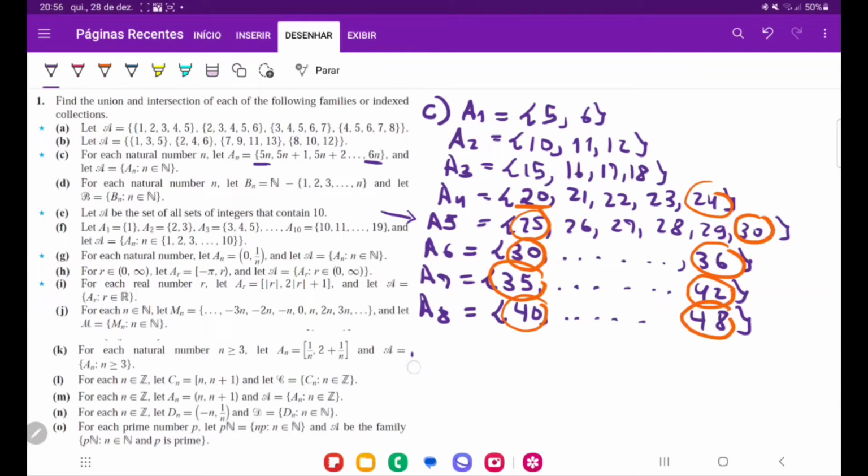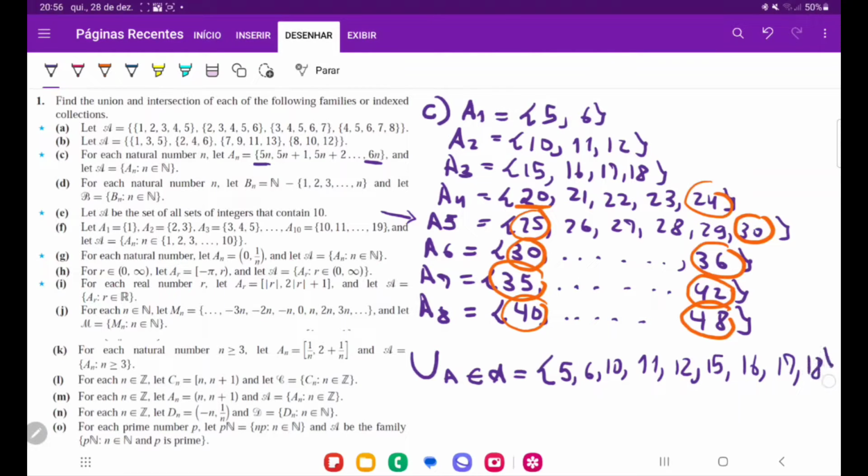So we're going to say here that the union of the sets in our family is going to be, let's collect it all. So in the beginning, we're going to have 5, 6, 10, 11, 12, because these don't really have overlap between them, 15, 16, 17, and 18.